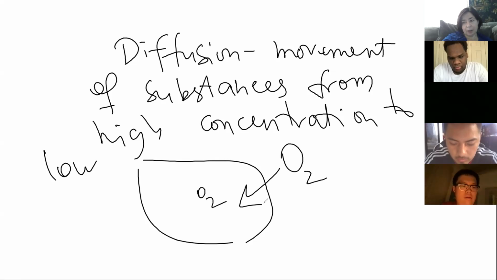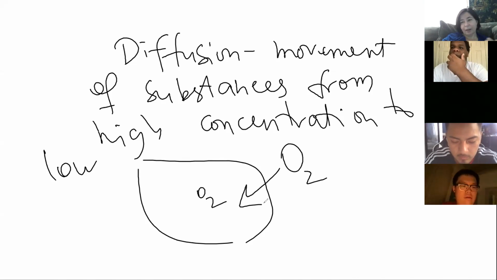So oxygen will enter the cell just because you have a lot of oxygen outside and a little bit inside. When you add food coloring to water, it will spread evenly because of diffusion. When you add sugar to your tea and mix it, that's diffusion. You open perfume and you can smell it a few feet away, that's also diffusion.